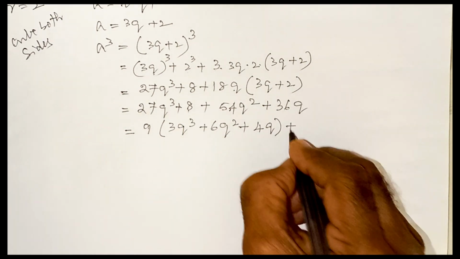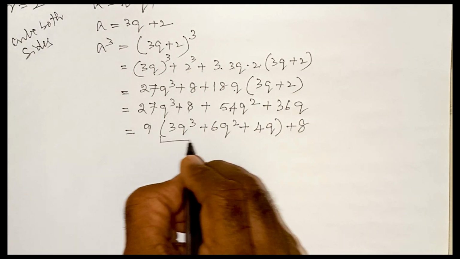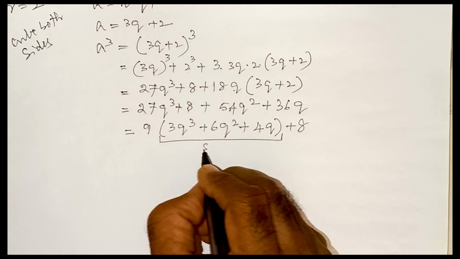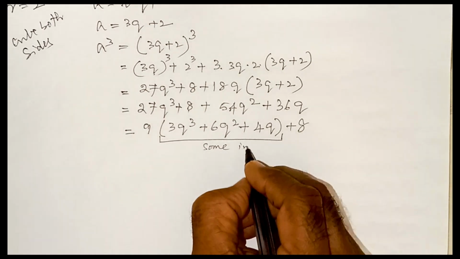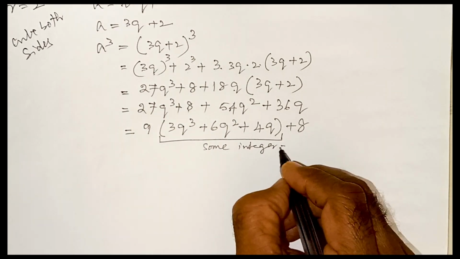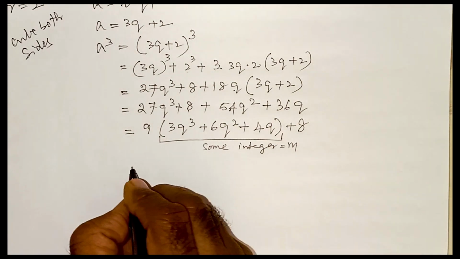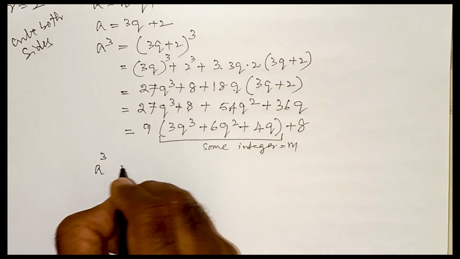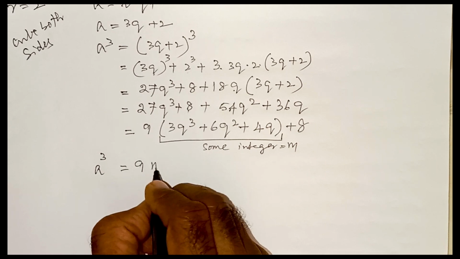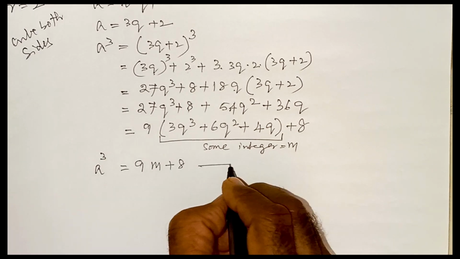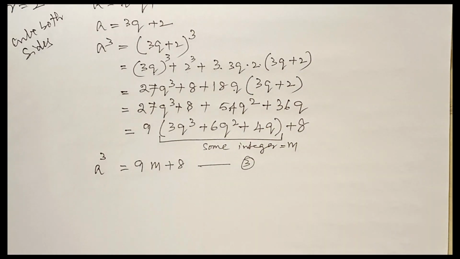Put this 8 at the last. Whatever is written in the bracket will be some integer, which is equal to m as per the question. Therefore, a cube is equal to 9 into m plus 8. This is our third observation.